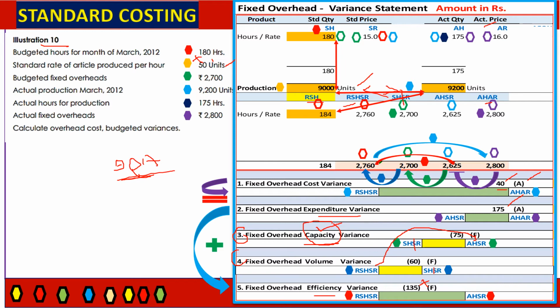Similarly, 3 and 4, capacity and volume, when you add them together, minus 75 minus 60 is minus 135, and that is equal to the fixed overhead efficiency variance. This way, we have to visually understand the movement of calculation and then derive the answer.